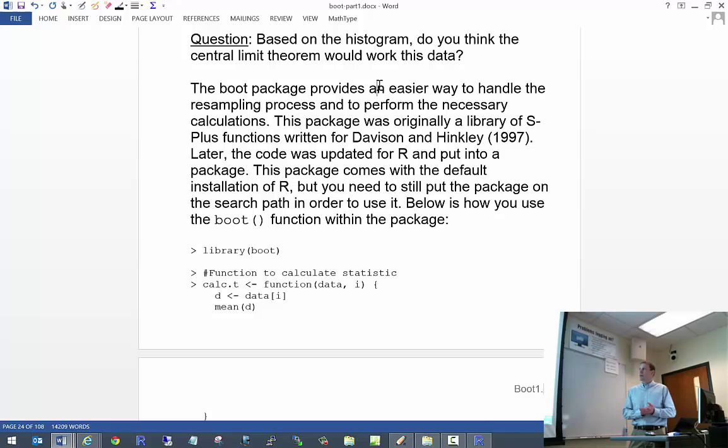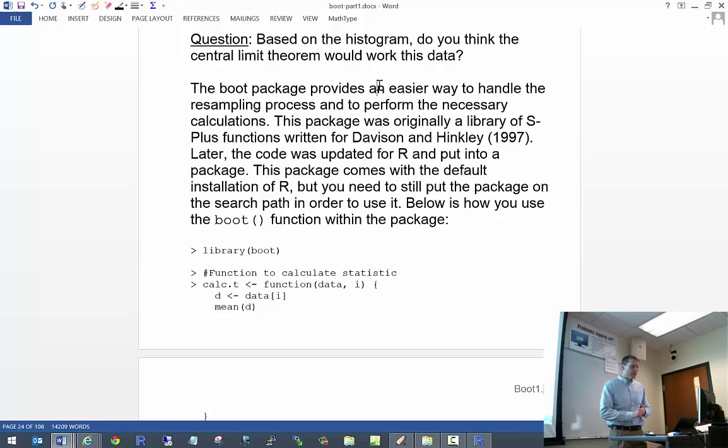And so what we did previously was we took some resamples using the sample function in R, and also did some calculations. And we also did the basic bootstrap confidence interval with it to estimate then the population mean.